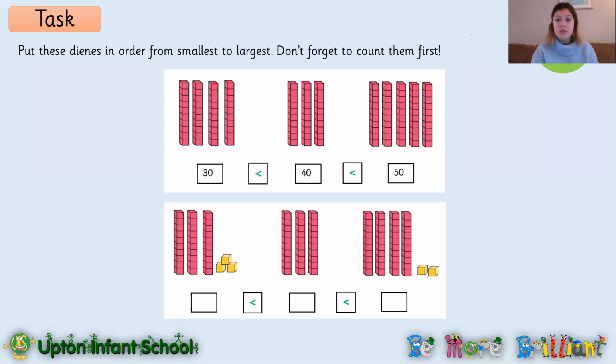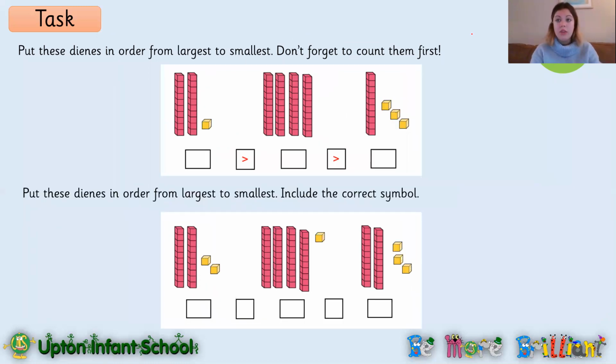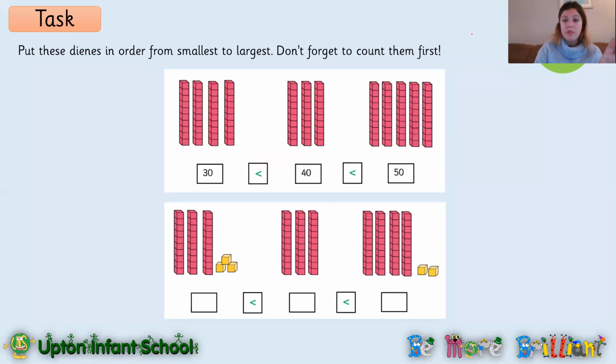Okay, so this is your screen if you're on the green challenge, and there's also another screen on the next slide for you to look at. So pause the video on both so you can see that. So this is putting the deans in order from smallest to largest, and you just need to fill in these boxes with the numbers in the right order.